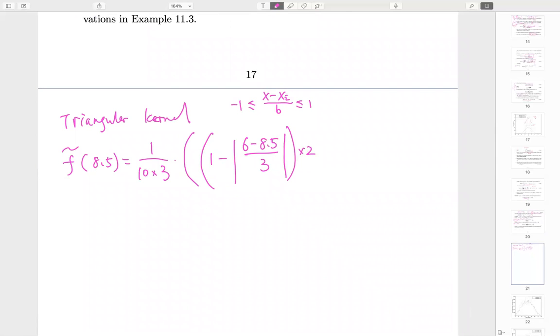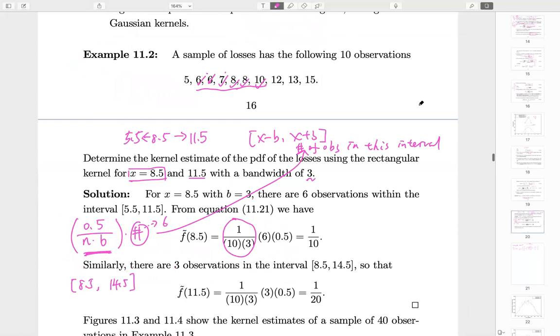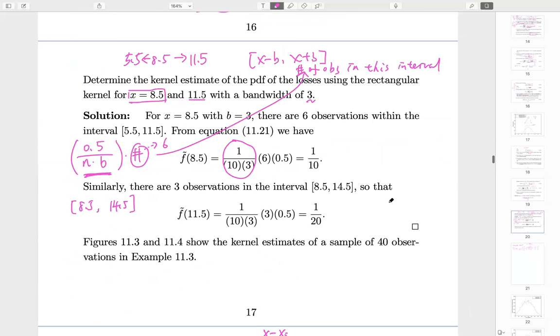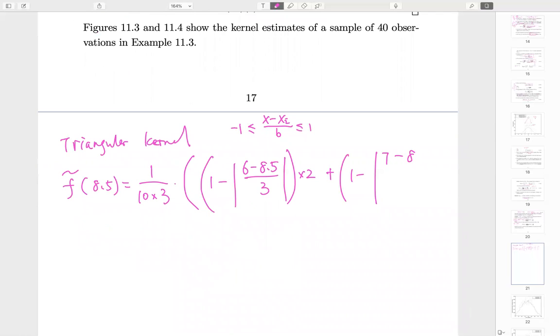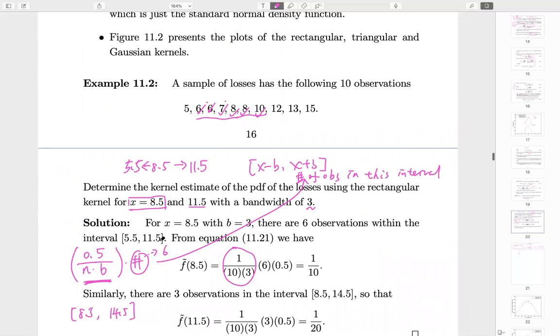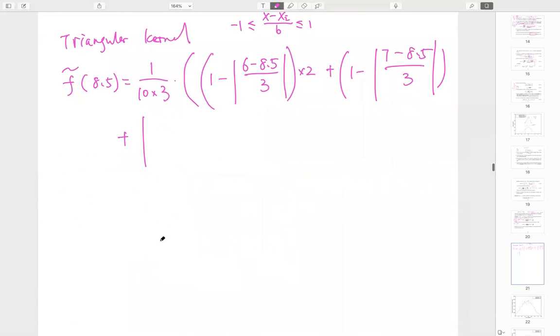Okay, moving on to the next one. 1 minus, the next value is 7. If I'm not mistaken, yes, 7. I only have 1. Okay, keep adding. The next one would be, what is the next value? I have 2 8s.